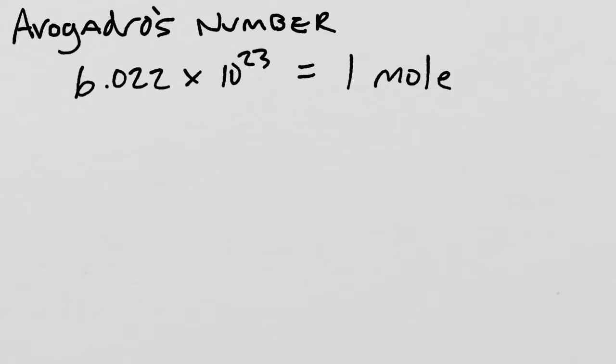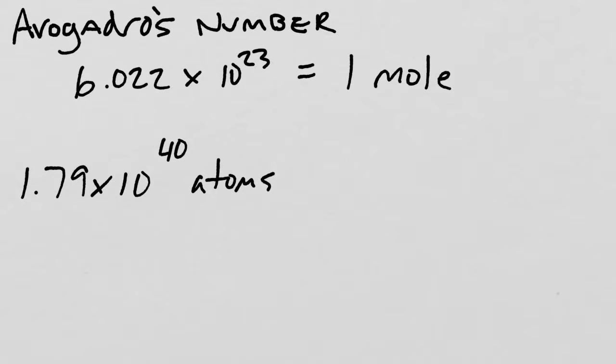All right, what if we have a larger number? How about 1.79 times 10 to the 40 atoms? Or not even atoms. Let's change that. Let's say molecules of water.